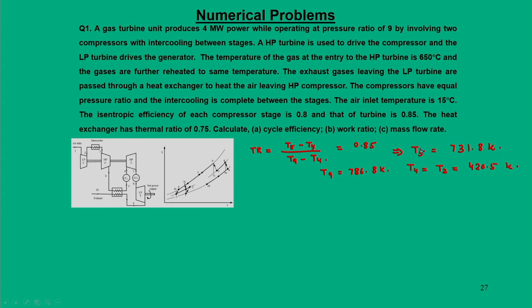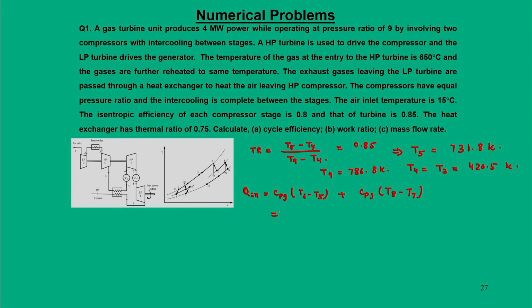So, we get T5. Once we know T5, then we can calculate Q in. Q in has two parts. One is Cpg into (T6 minus T5) plus Cpg into (T8 minus T7), and all these numbers we know.